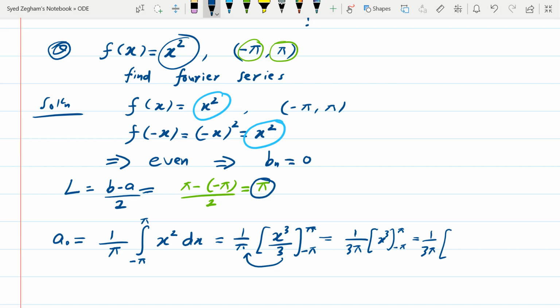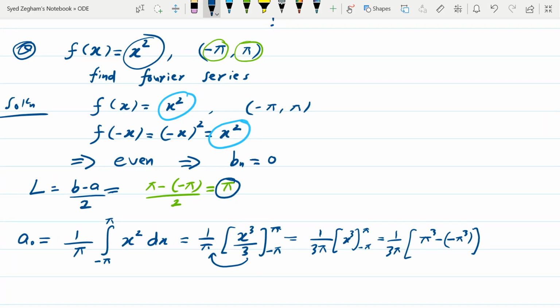When you put x equal to pi, you will get pi power 3, minus, when you put x equal to minus pi, you will get minus pi whole power 3, which is the same as minus pi power 3. So pi power 3 minus minus becomes plus, so pi power 3 plus pi power 3, that becomes 2 pi power 3.